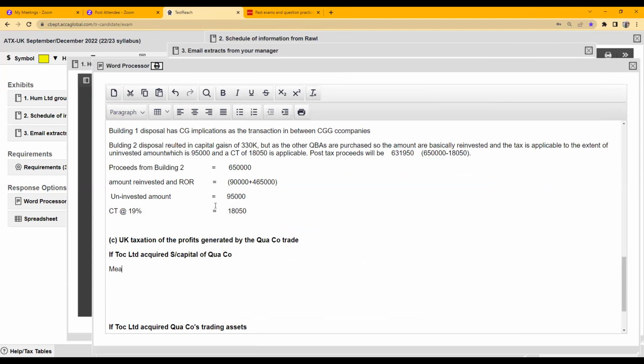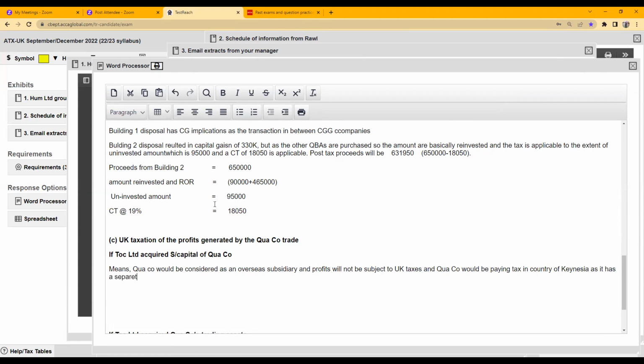If the share capital of QACO is acquired, QACO would be considered as an overseas subsidiary and profits will not be subject to UK taxes, and QACO would be paying tax in the country of Kinesia, as it has a separate legal entity in Kinesia.